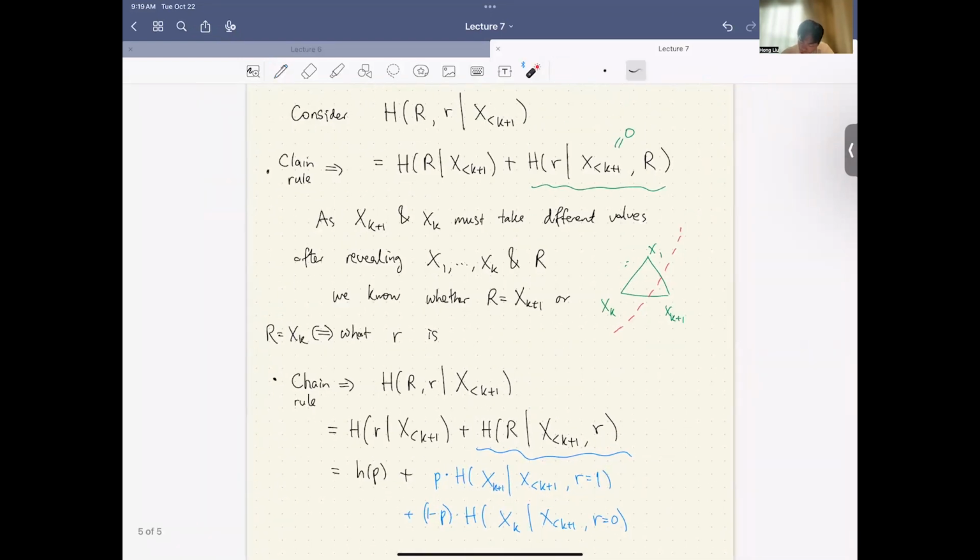Now recall, in the first way of expanding using chain rule, we have this joint conditional entropy equal to this guy. So let's write this here. Capital R, x less than k plus 1.